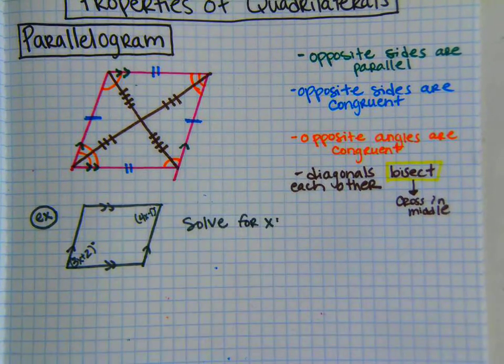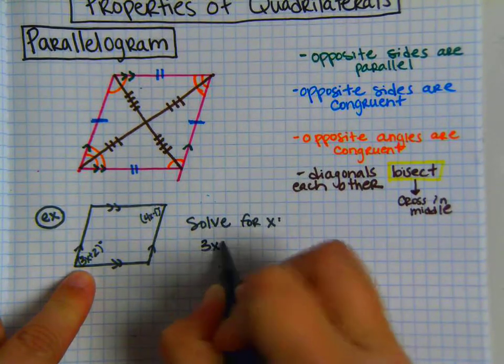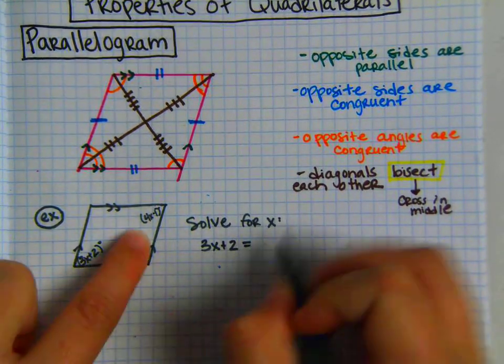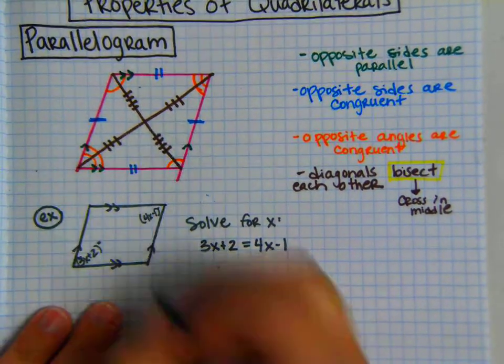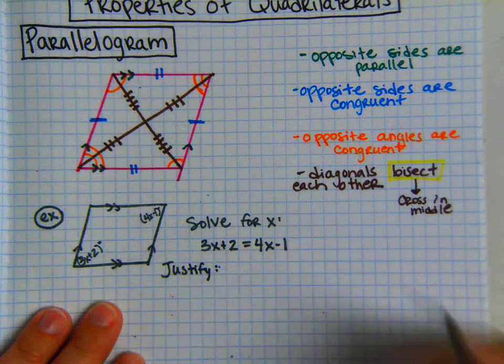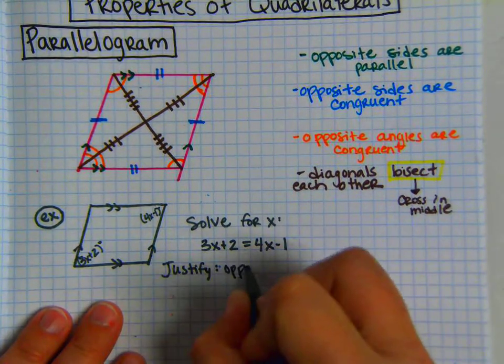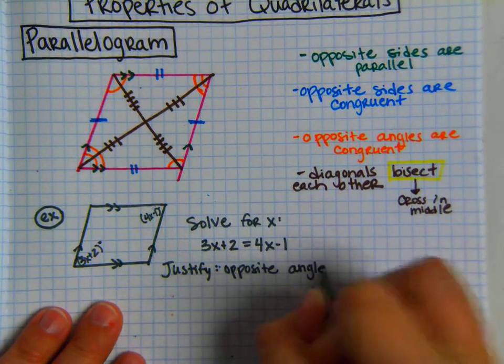Now using the properties that I just gave you, how are you going to set this up? You're going to set up 3x plus 2 is going to equal 4x minus 1. Why can I set it up like that? Because my justification would be opposite angles are congruent.